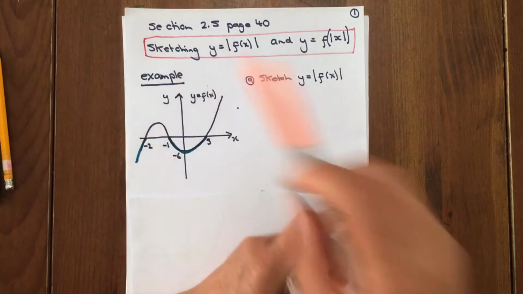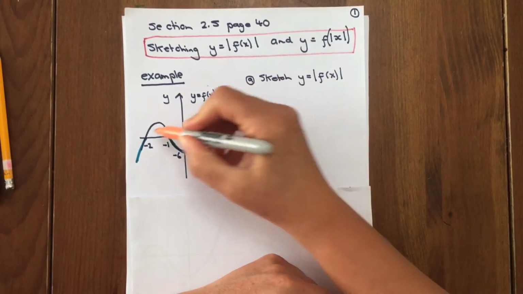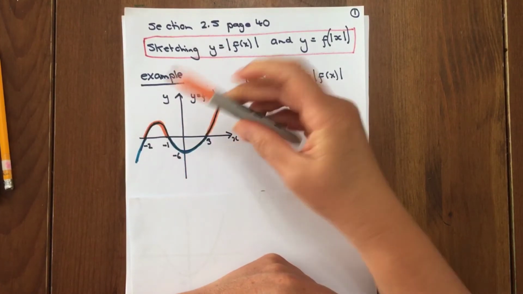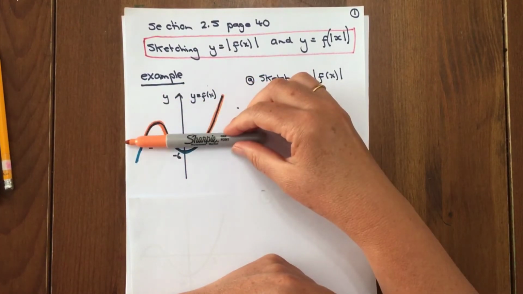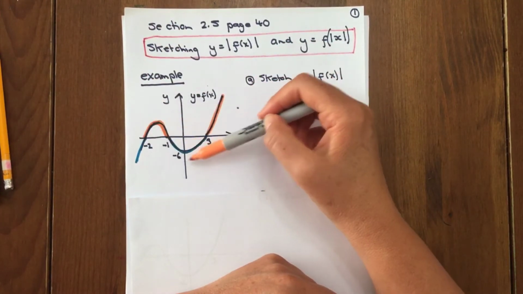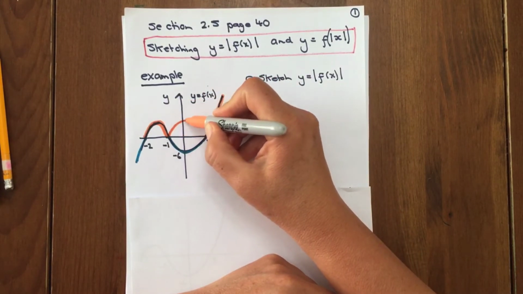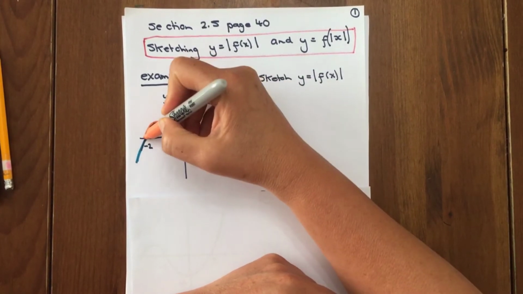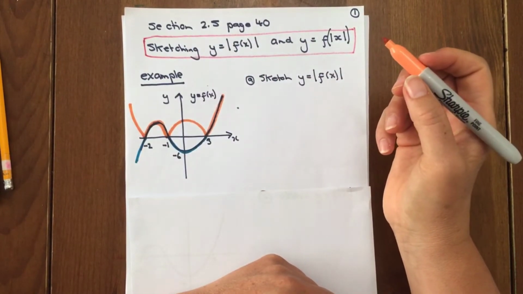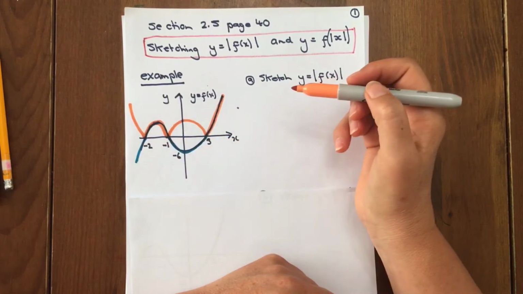So what happens is all the positive y values will stay the same. So this stays the same because positive y values is the graph, everything above the x-axis, and all my negative y values will now become positive. And what happens is they reflect about the line y equals 0, or about the x-axis.